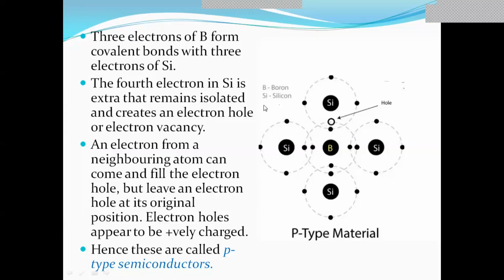But when they come from some other element, there this electron hole is again seen. When they come from the side and fill the electron hole here, they leave a hole in their own place. So the continuous movement of electrons towards the hole of boron is seen throughout the crystal. So this delocalization of electrons to occupy electron holes or electron vacancies results in the electric conductivity of the silicon material or germanium material.